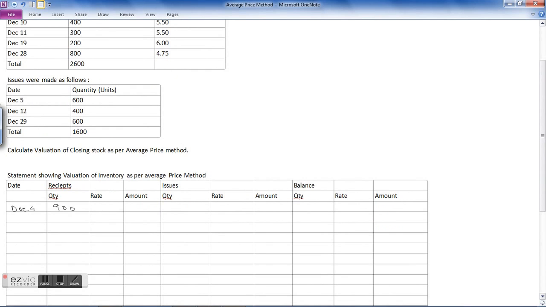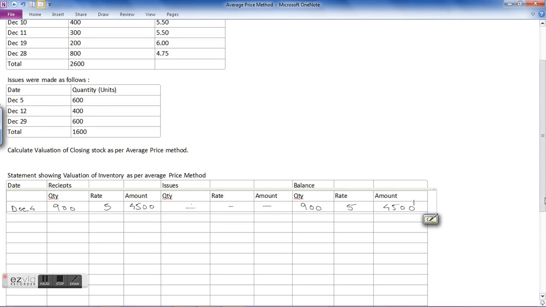So 900 into 5, the amount comes to 4,500. There are no issues on this day, so issues will be nil, and the balance is 900 into 5, since this is the first purchase, 4,500.